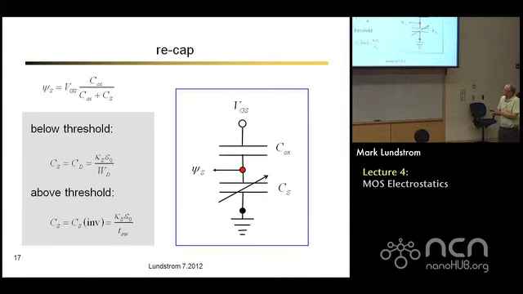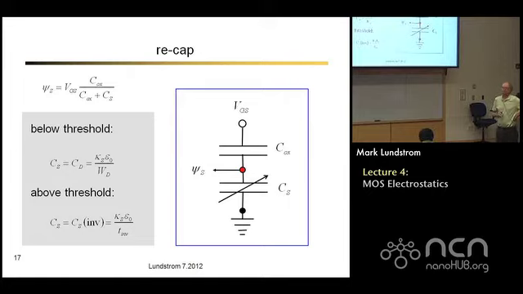So let's recap just a little bit. If I look at this expression of how the gate voltage divides with voltage division in these 2 capacitors, we had a semiconductor capacitance. Below threshold, that semiconductor capacitance is just epsilon divided by the width of the depletion region. Above threshold, you can think of that capacitance as being epsilon divided by the thickness of the inversion layer. Inversion layers are very thin.